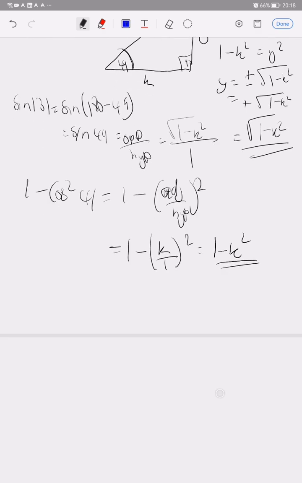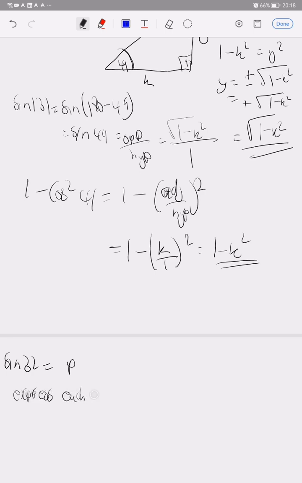Let's find another one. Number 2. So we are having sine of 32 is equals to p. Then they say express each of the following in terms of p.